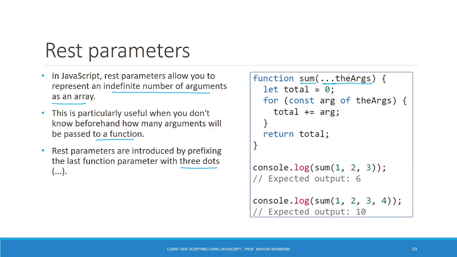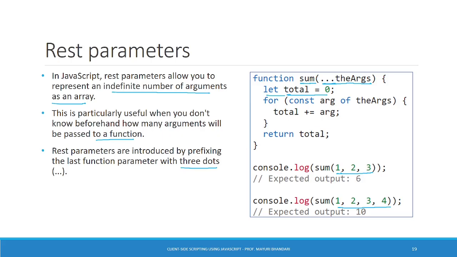This is rest parameter. Once you specify rest parameters, at the time of function calling, you can pass as many arguments as you want to the function. And inside this function, we have first assigned 0 to the total. This function will basically calculate sum of all the arguments.